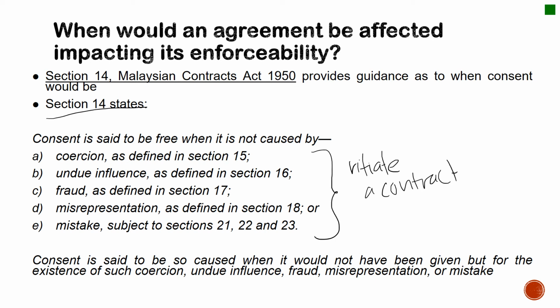So consent is said to be so caused when it would not have been given but for the existence of coercion. So if consent is given due to coercion, undue influence, fraud, misrep, or mistake, then we have a vitiating factor that has a consequence on the enforceability of the contract.